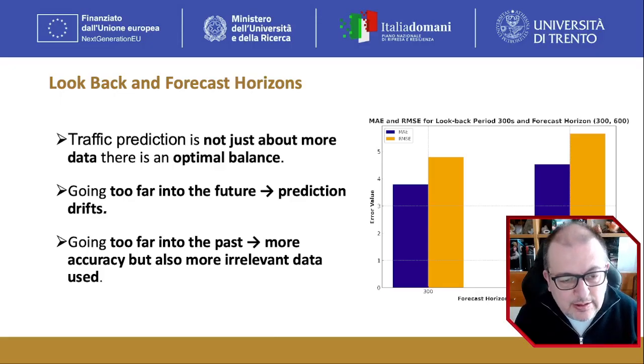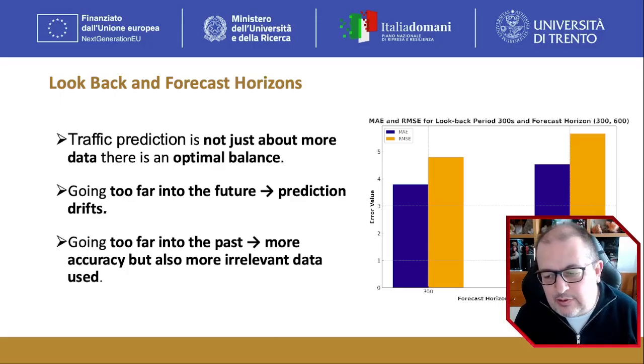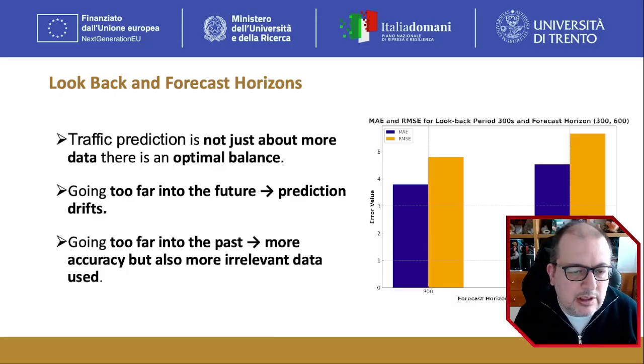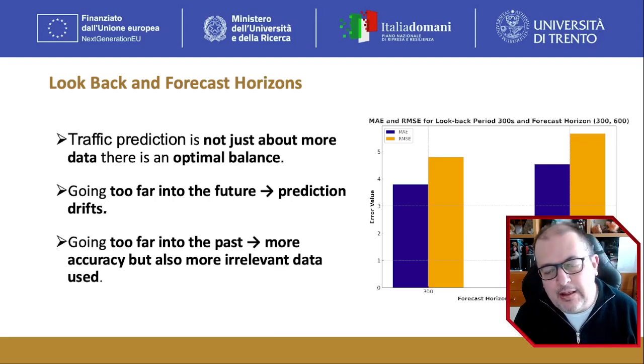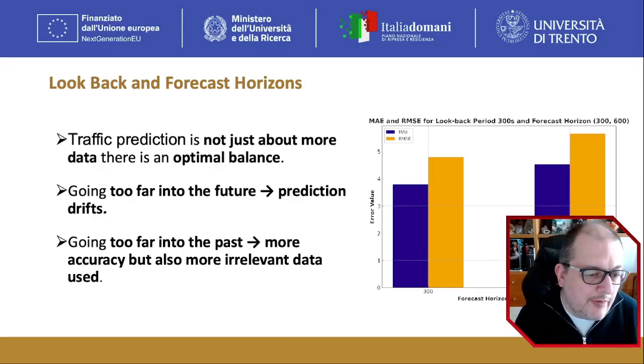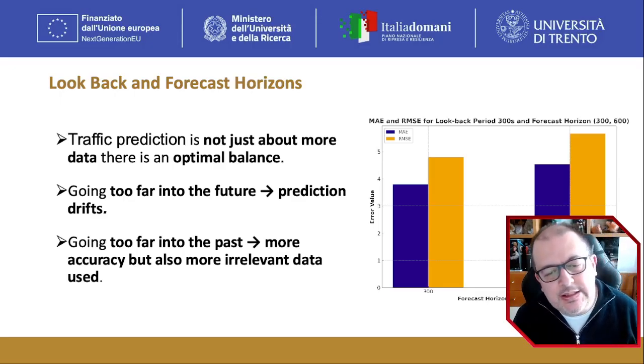So we made some experimental analysis, and we found out that it is reasonable, unless we want to study longer time series like weekly traces, it's enough, if we want to understand the real-time behavior of the system, to look a few minutes in the past and some minutes in the future.